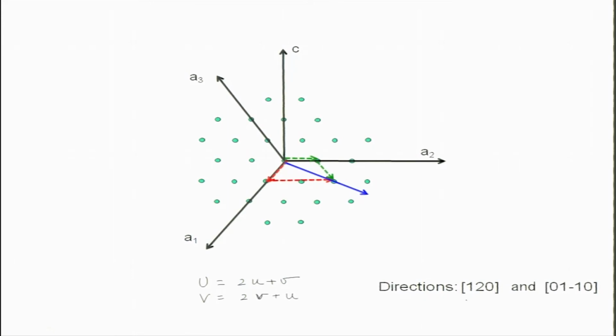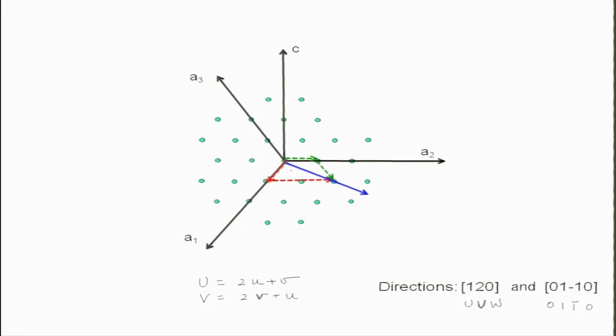So, since these are capital U, capital V and capital W, you can determine small u, small v, small w, which will come out to be 0 1 bar 1 0. So, to draw this direction, you are at the origin, you go 1 along A2, minus 1 along A3 and you will end up at the same point.